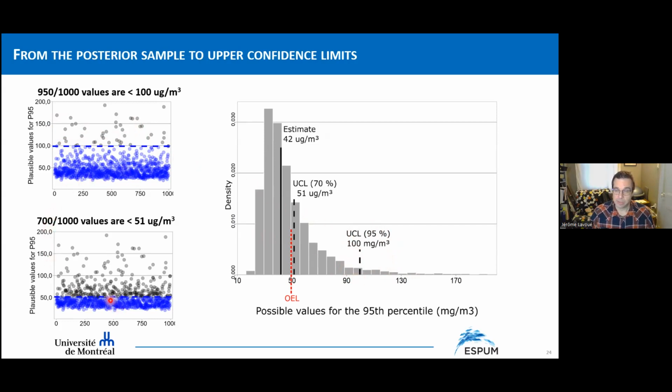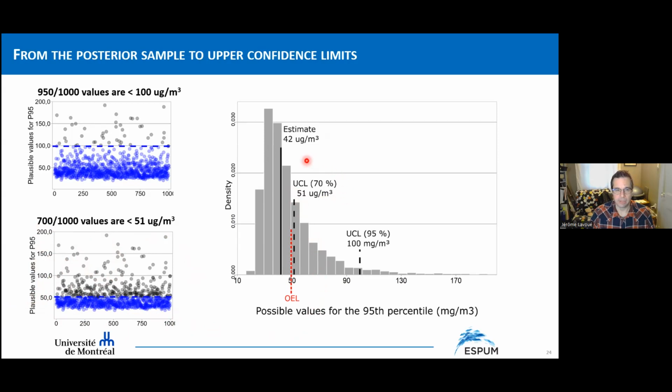If I can do that with 950, I can also do the same with 700. So I find the value in my sample of 1,000 which is greater than 70% of the rest. And this value is 50. And so this value represents a 70% upper confidence limit for the true value of the 95th percentile.